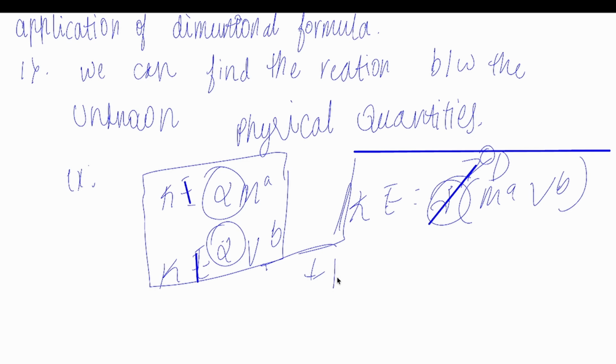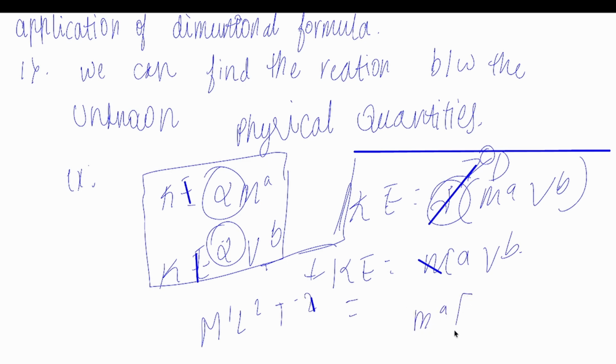So KE is equal to m power a v power b. We know the dimensional formula of KE is M power 1 L power 2 T power minus 2, which is equal to m power a times velocity. I can write velocity as L power 1 T power minus 1, whole power b. So this simplifies into M power 1 L power 2 T power minus 2.